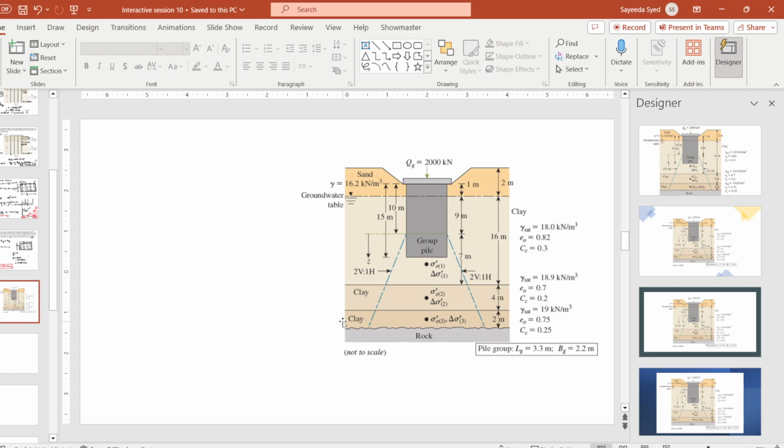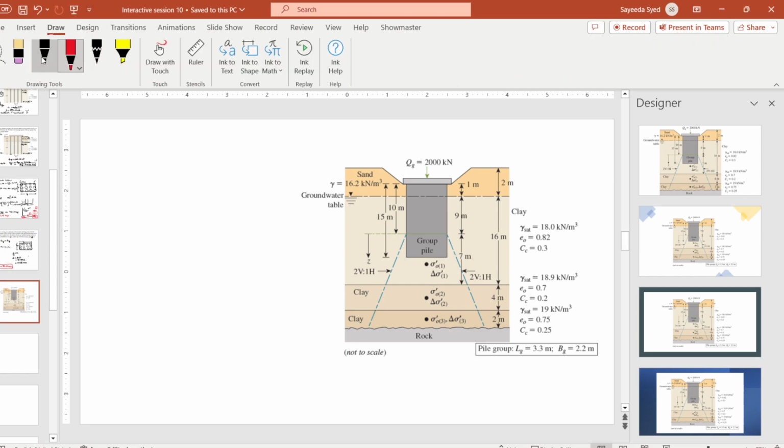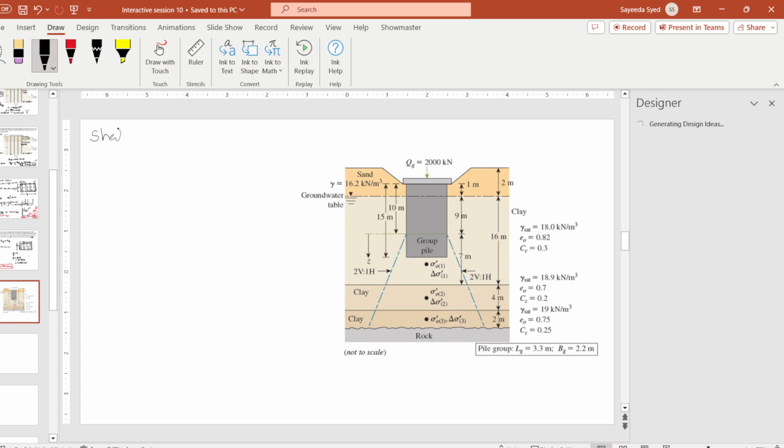Okay, let us go over the steps you have to follow when calculating the consolidation settlement in pile groups. In piles, it is still quite similar to what we do in shallow foundations.